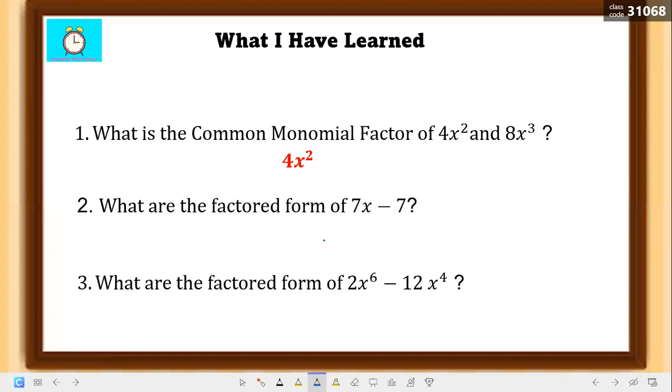Yes, can you add, Rafael? X negative 1 po. I think x minus 1 yun, no? What will be multiplied to x minus 1 to go back on the given 7x minus 7? May kulang po yung factored form natin.